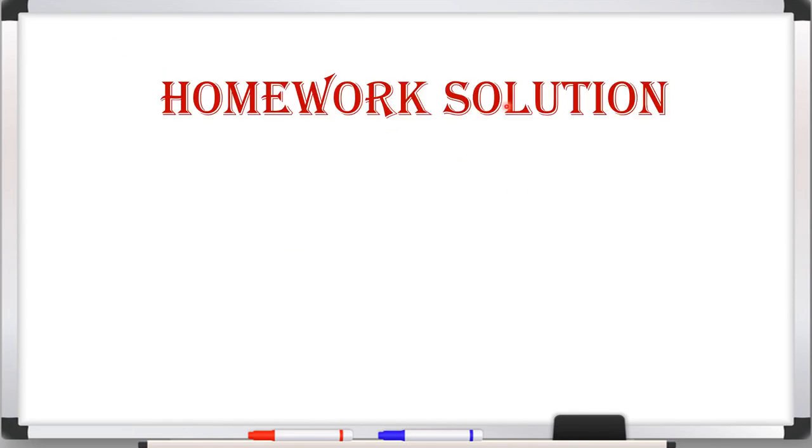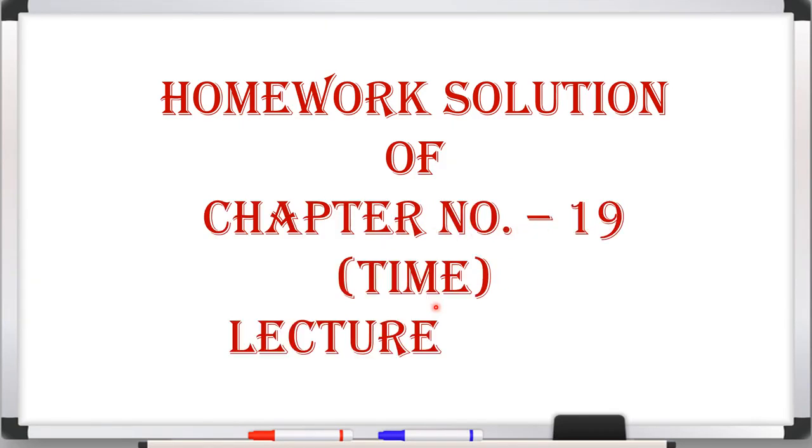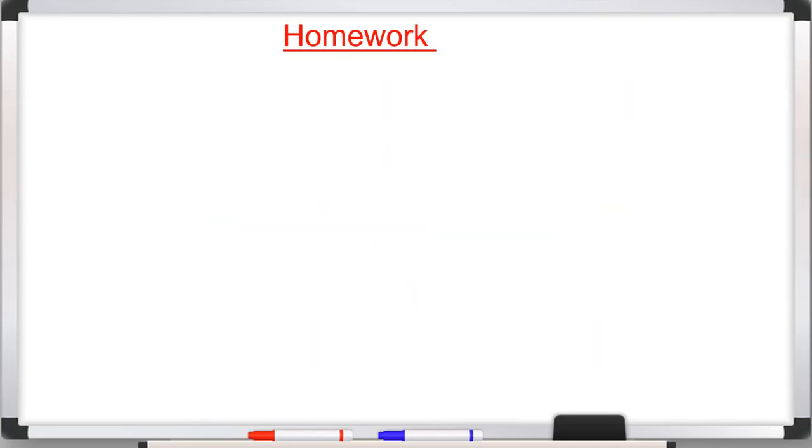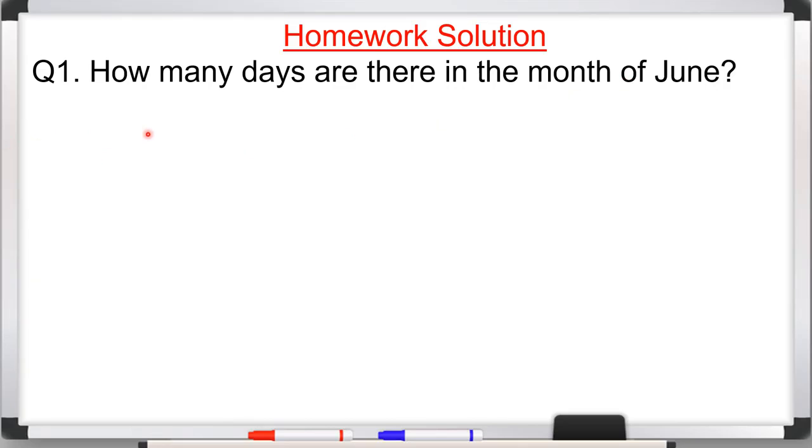Now, homework solution of chapter number 19, Time, lecture number 3. Yes, beta, I have given you sums related to months and days. So here in question number 1, it was given how many days are there in the month of June.